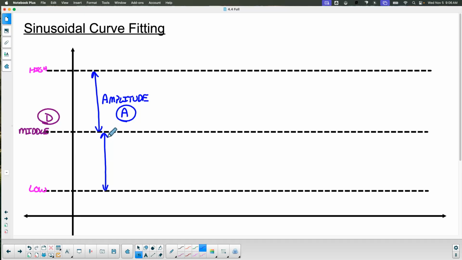It's going to start somewhere. It's going to end somewhere. Again, that depends on what kind of a function you're making.